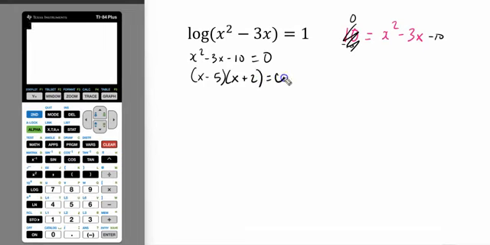So I'm going to solve this by factoring, finding out what my x values are. You could have used the quadratic formula if you don't like factoring. Now you can see here that the solutions, the zeros of this equation, are x is 5 and x is negative 2, because that will make it 0.